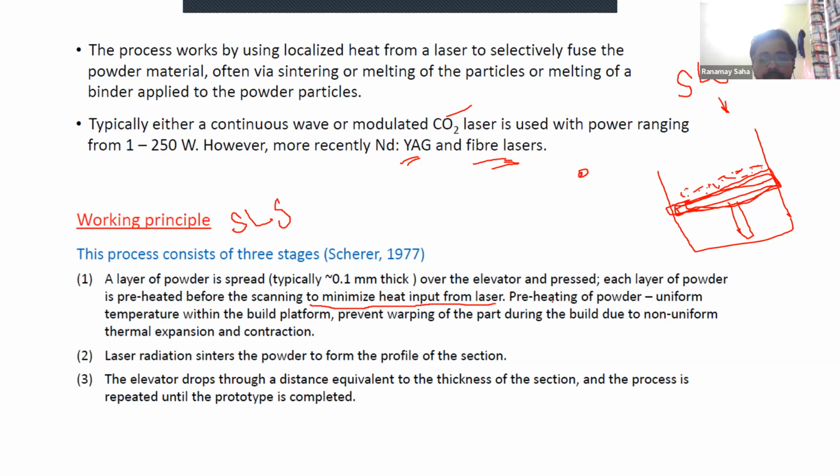Why is that done? Preheating of the powder generates uniform temperature within the build platform and prevents warping of the part during the build due to non-uniform thermal expansion and contraction. Right. So just take a note of this point. What is the requirement of preheating after each powder layer has been spread?